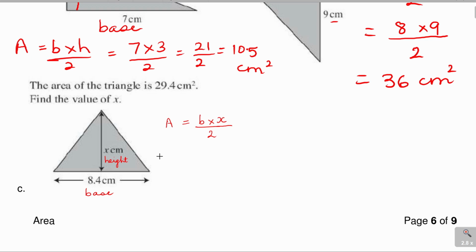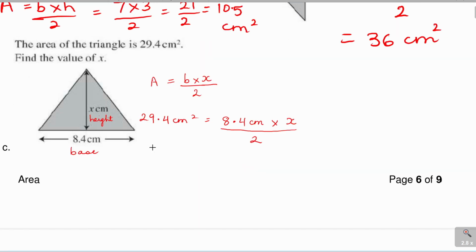So we know what the area is. It's 29.4 centimeters squared. We know what the base is. It's 8.4 centimeters. And we don't know what x is. And we have divided by 2. Now, let's move what we know across to the other side.